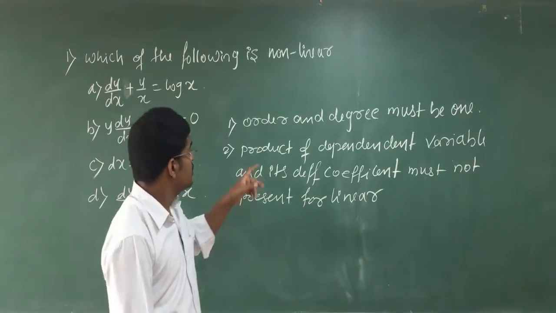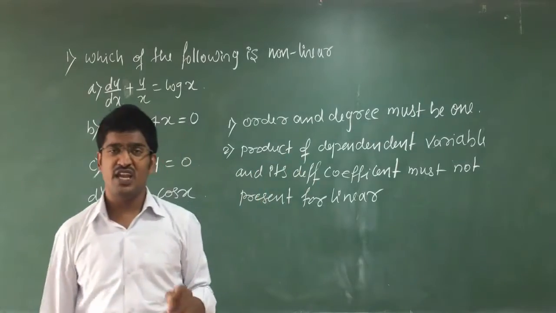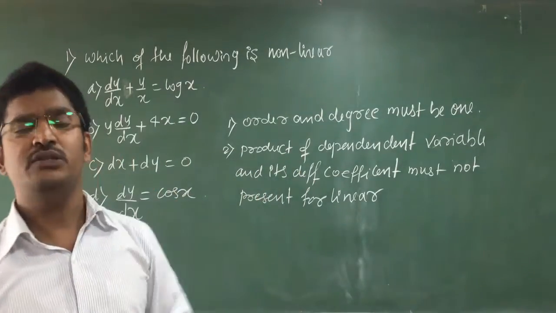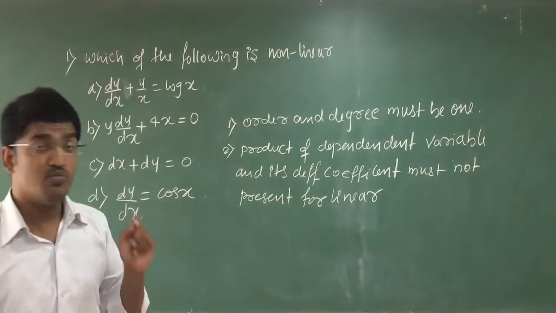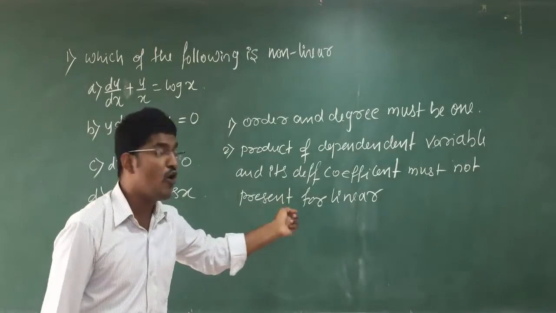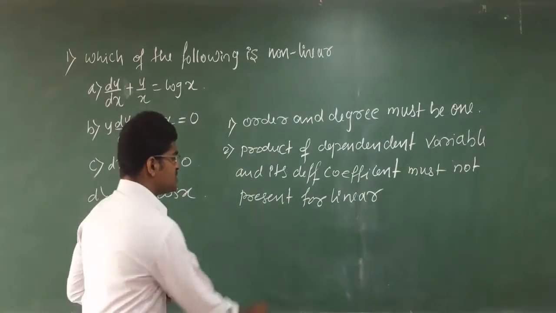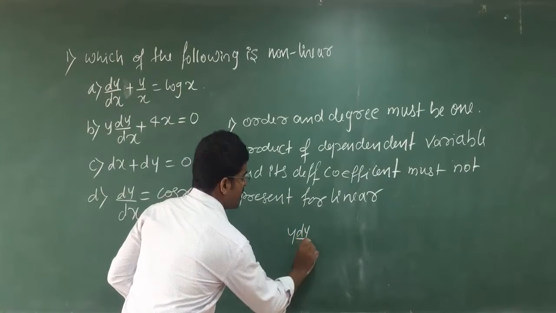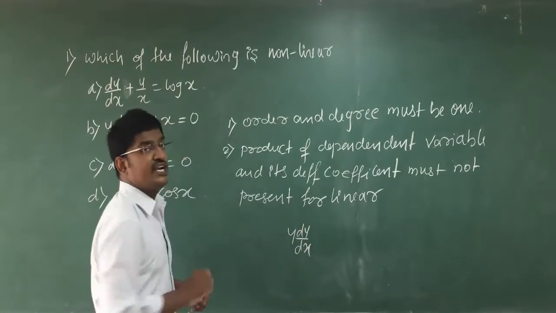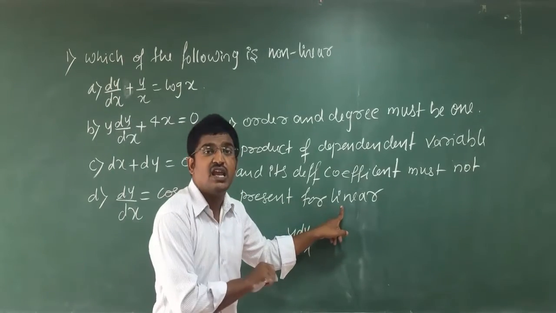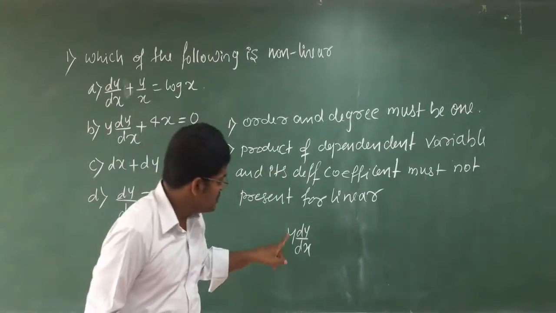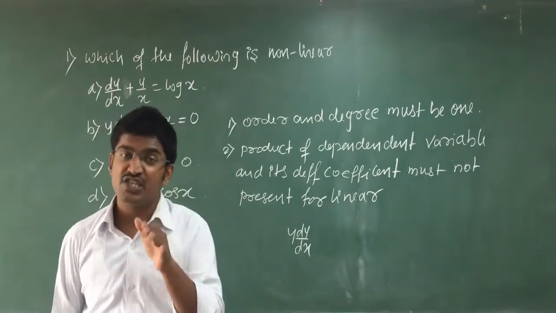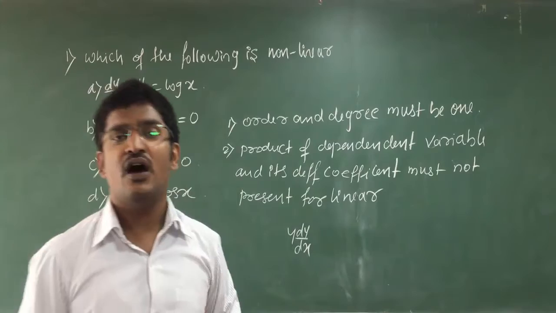Second one is the product of the dependent variable and its differential coefficient must not be present for linear. That means y into dy by dx must not be present for becoming linear. That means if this is present, then it is called non-linear. Are you getting my point?